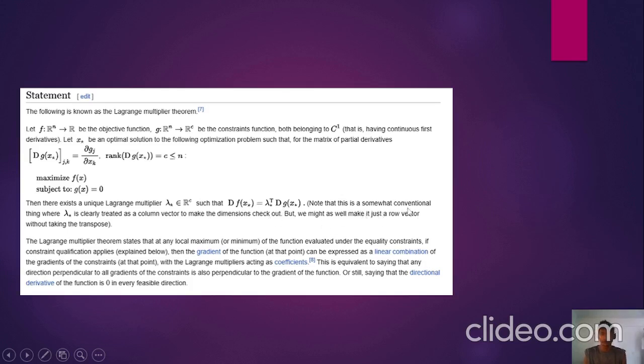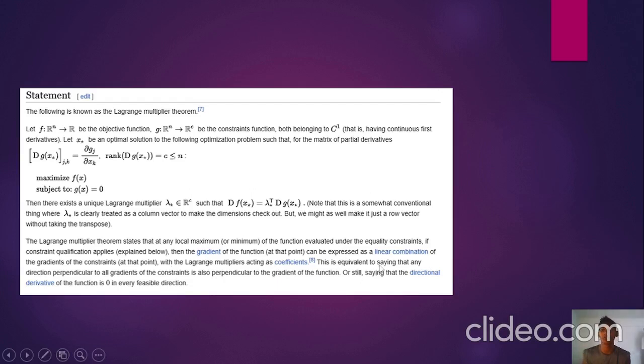Note that this is somewhat conventional. The Lagrange multiplier theorem states that at the maximum or minimum of the function evaluated under the equality constraint, if the constraint qualification applies, explained below, then the gradient of the function at that point can be expressed as a linear combination of the gradients of the constraints at that point, with the Lagrange multipliers acting as coefficients.